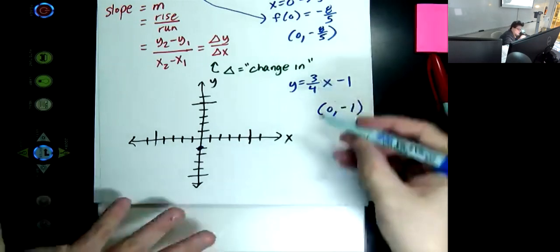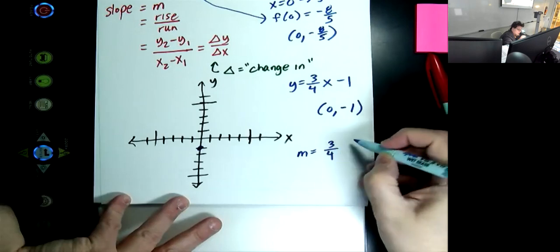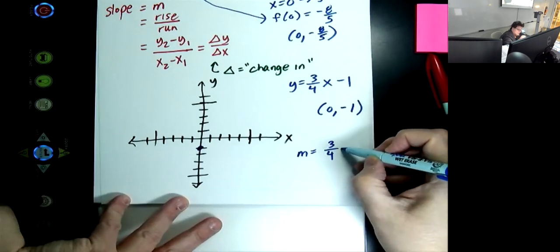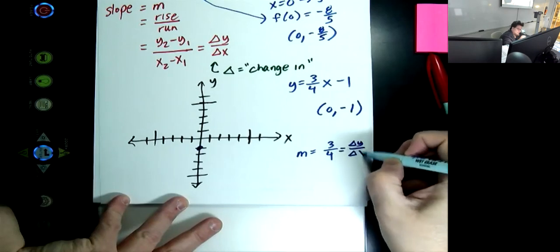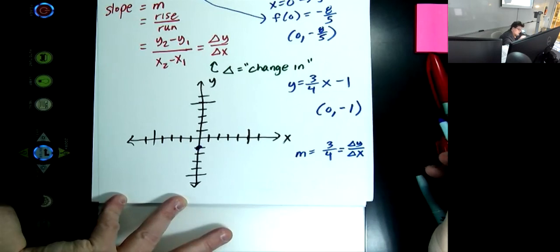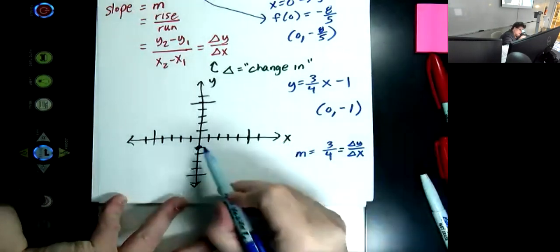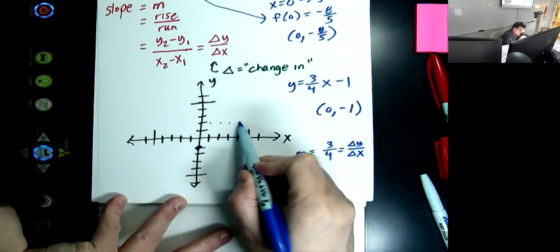And then the slope is m equals 3/4, which is my rise, or change in y, over my run, which is change in x. Which means I can go up 3 and right 4 and put a point.